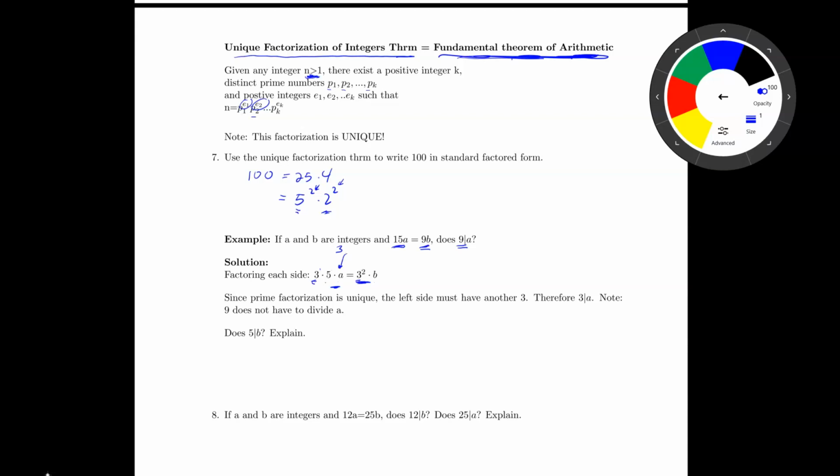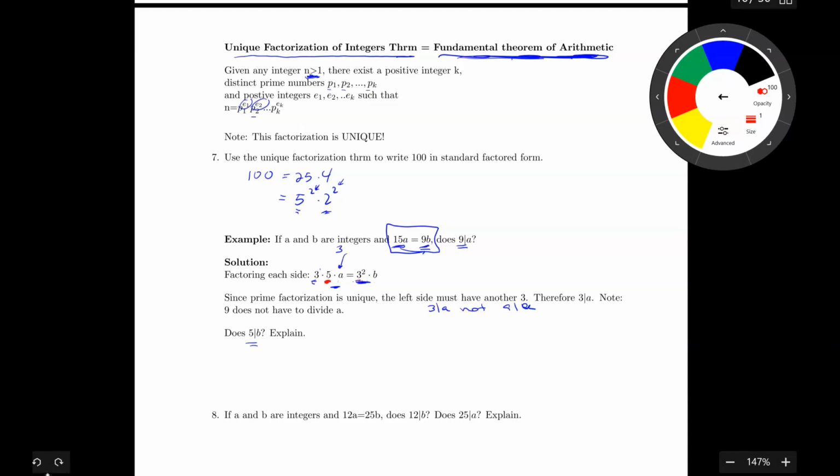So does 9 divide a? No. 3 divides a, but 9 does not divide a, right? Because there's only a factor of 3 in there. Okay, so same question with this 15a equals 9b. Does 5 divide b? I have a factor of, let me just play with this line here with red now, I have a factor of 5 on the left-hand side.